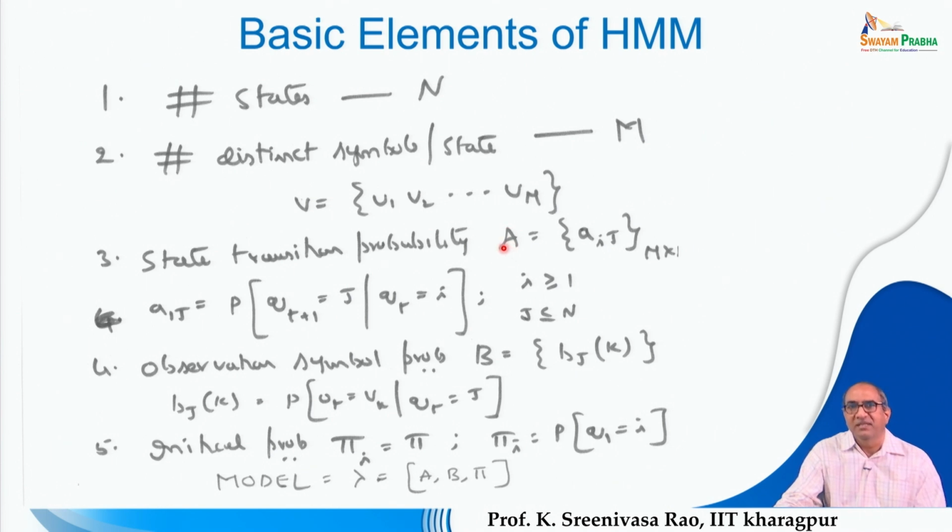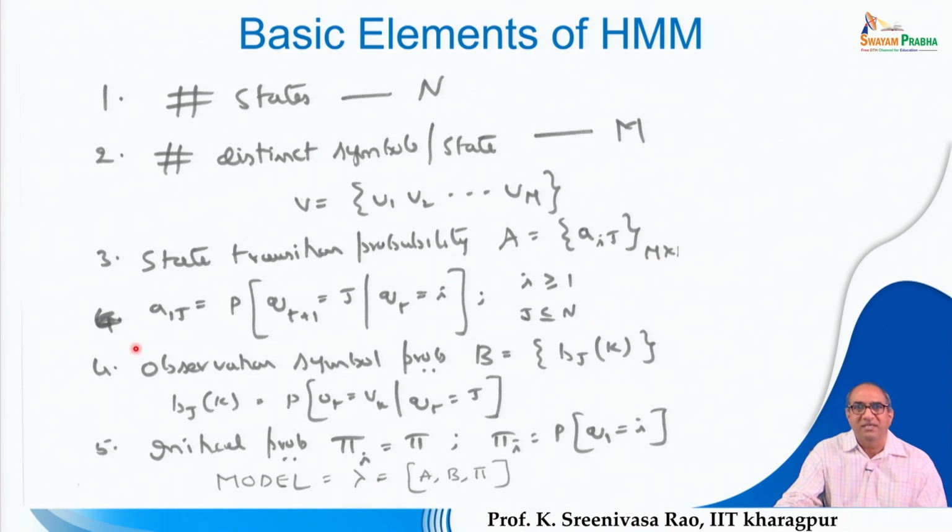If the number of states is n, the possible size of the state transition matrix will be n cross n, Aij. Here i can be any one of the n states, and similarly j can be any one of the n states. So the matrix corresponding to state transition probability will be n cross n, where n is the number of states.